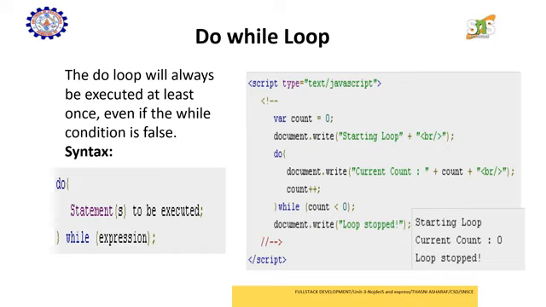Then in do, document.write will print the current count equal to the count number. Then it is incremented, and it will print "Loop stop". If the condition is less than 0, my loop will be stopped. So in my starting loop, the current count is 0, and then the loop stops. This will be my output.